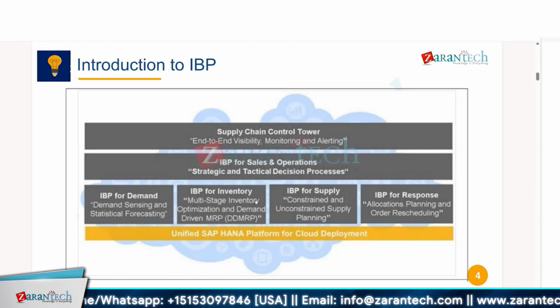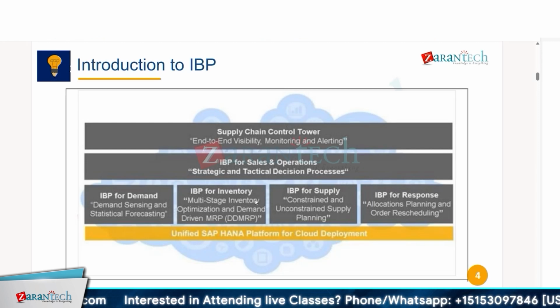In this case, as a part of IBP for response, also called the integrated review, in the integrated review scenario, the 5,000 pounds worth of gap needs to have some level of action plan from the supply planning organization, which will be submitted to the top management.